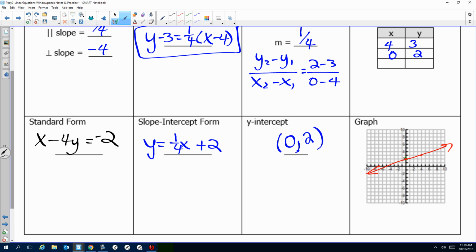What do you have to do first to put it in standard form? Put x to the higher point. You have a fraction here. You multiply everything by 4. And I forgot, it should be minus 8. I didn't multiply my last one. So you multiply everything by 4. That would give me 4y equals x plus 8.